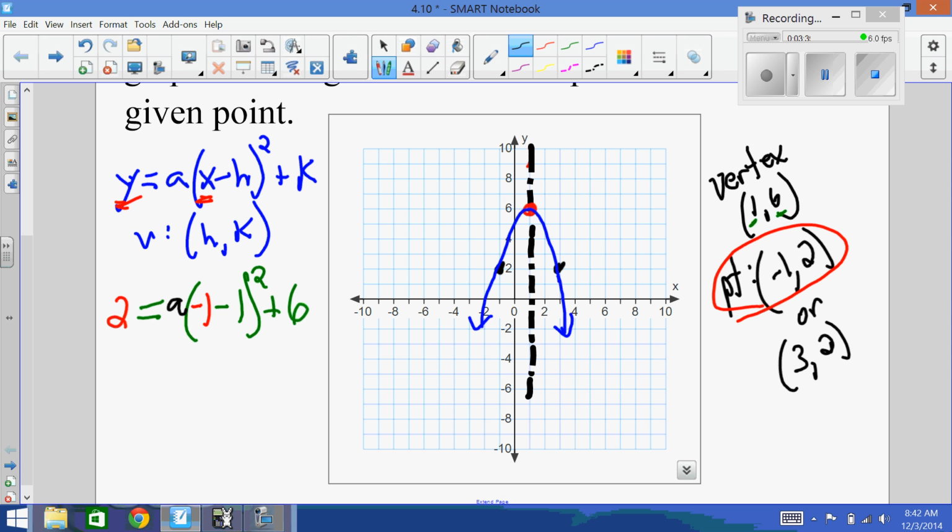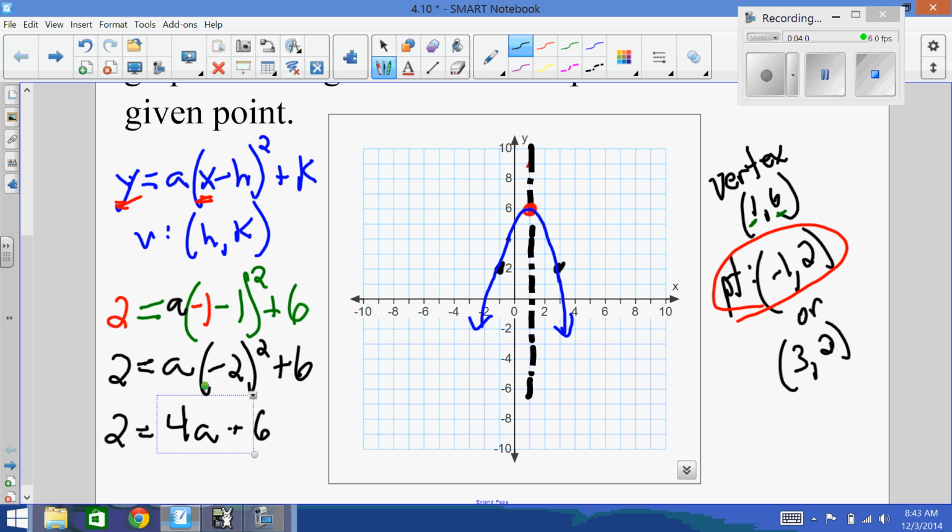All right. So order of operations, I do what's in the parentheses. So I get -2, and do the exponent, so I square it. So -2 squared is 4, so I got 4 times a, which is 4a plus 6.